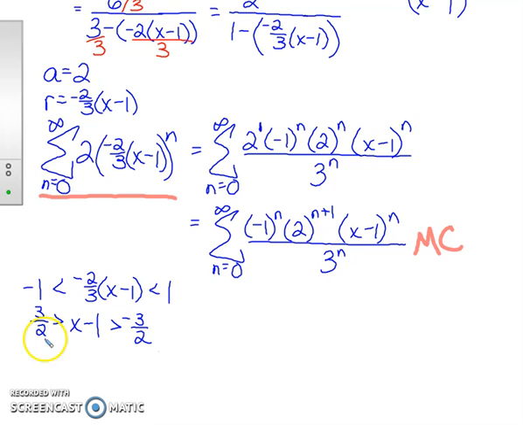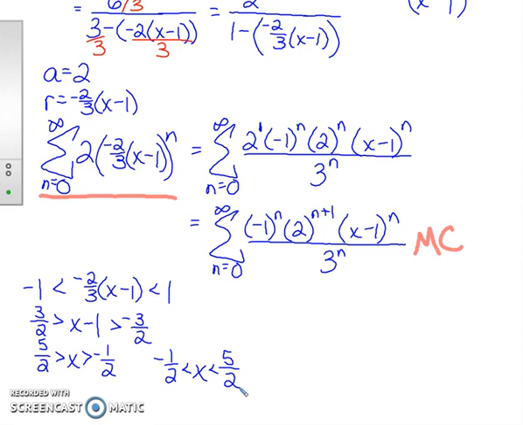So if I add 1 to 3/2, I get 5/2. And if I add 1 to negative 3/2, I get negative 1/2. And then just because we don't write our intervals like that with the greater than signs, if we read it from right to left, it becomes negative 1/2 is less than x is less than 5/2 for your interval of convergence. And I'll go ahead and tell you, if you check your two endpoints, again, they're not going to work.